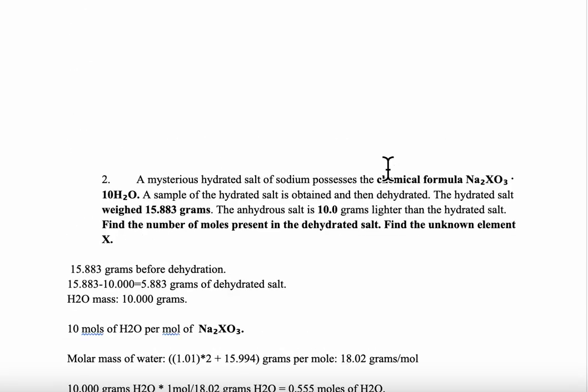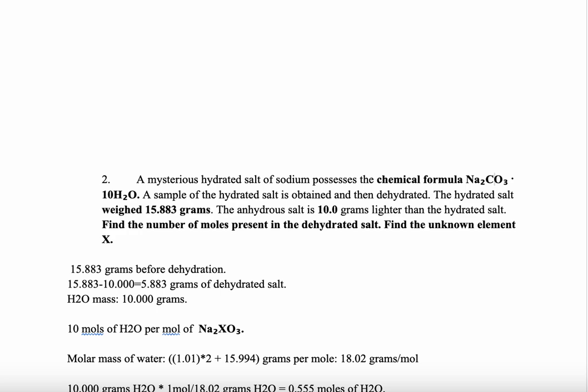So this compound is sodium carbonate decahydrate. The formula is Na2CO3. And it's true, you could work your way to this conclusion using the polyatomic ions sheet. Given that the sodium has a +2 charge, you know that the non-metal polyatomic ion is going to have a -2 charge.